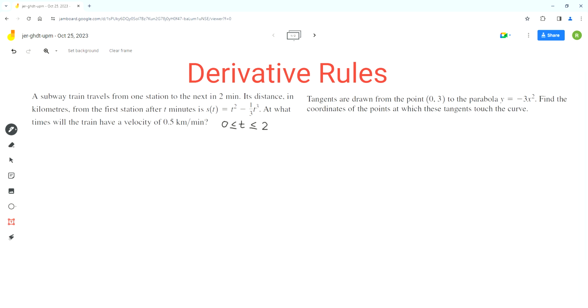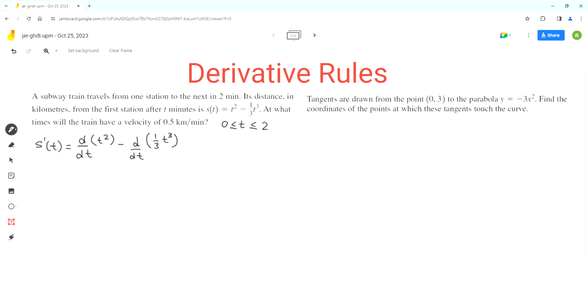So s prime of t is equal to the derivative of the first term, which is t squared, minus the derivative of the second term, 1 over 3 t cubed.